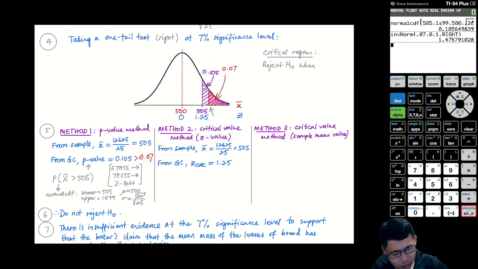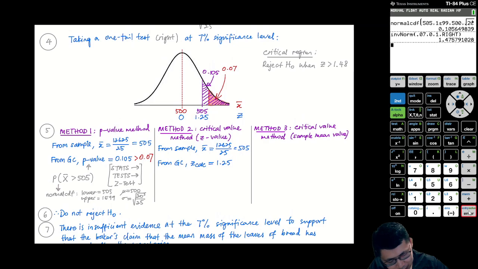So this one over here, I will get my z is greater than 1.48. When z is greater than 1.48, this number over here refers to 1.48.